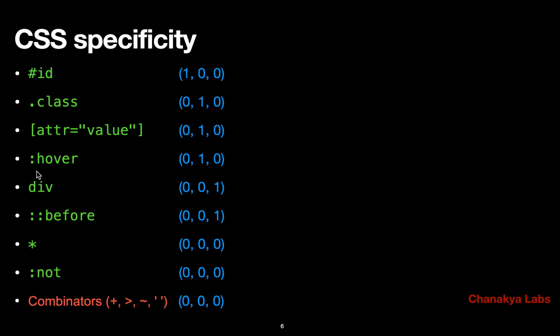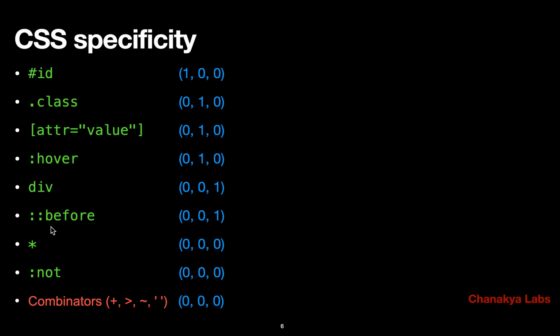Now hover is also 010. All the pseudo classes have the same specificity as a normal class selector.